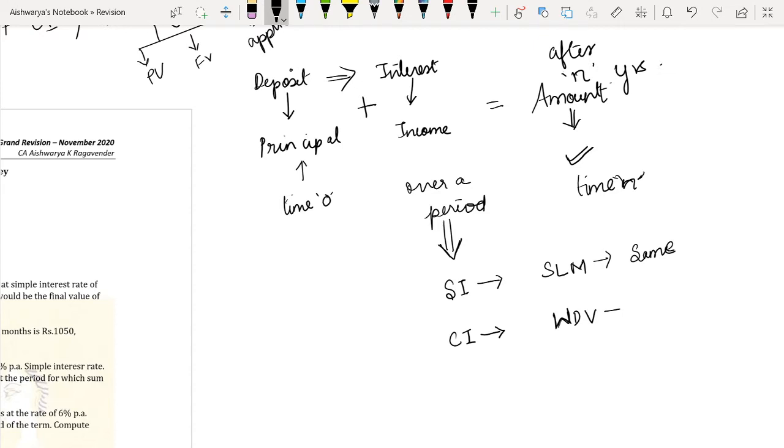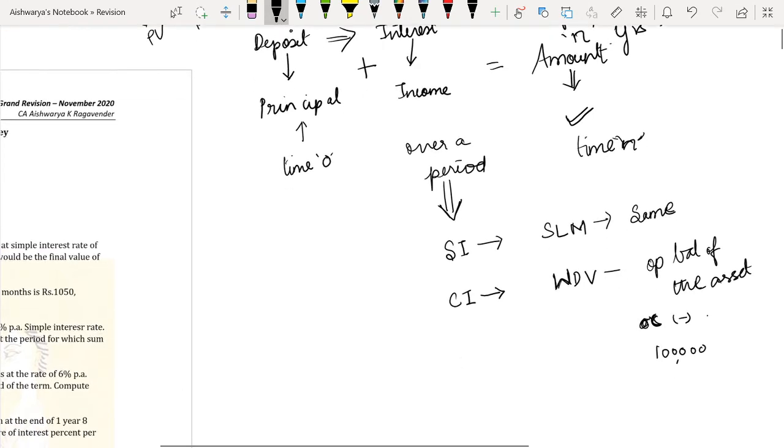Whereas in the WDV method, depreciation is calculated based on the opening balance of the asset. And what does the opening balance depend on? The opening balance depends on the closing balance of the previous year, which is nothing but the original cost of the asset minus depreciation computed that year. For example, you're buying something for 1 lakh of rupees.